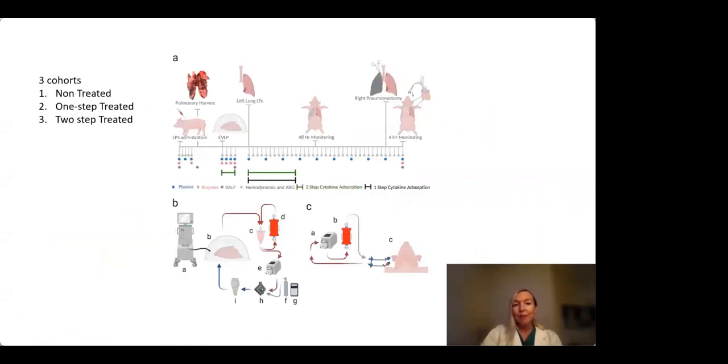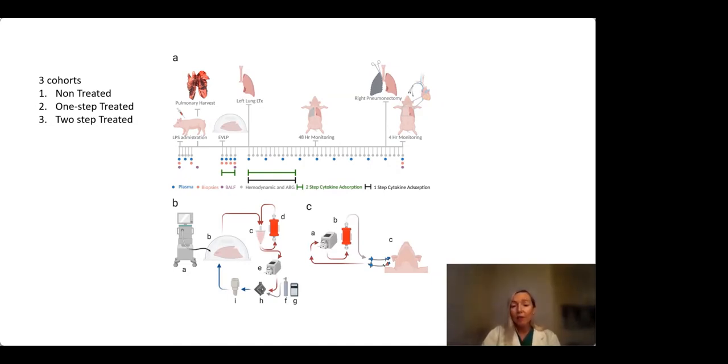In the present study, we wanted to explore if EVLP alone, followed by cytokine absorption post-transplantation, could regenerate RDS donor lungs, or if adding cytokine absorption during EVLP as well as post-transplantation would have a better effect. We compared this to a control group that went through lung injury, EVLP, and transplantation, but did not get any cytokine absorption at all.